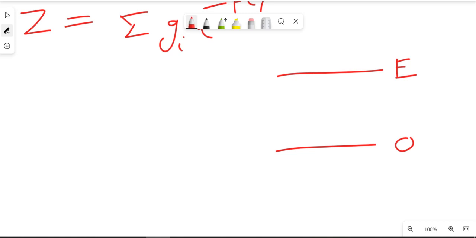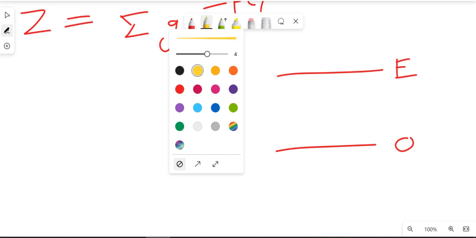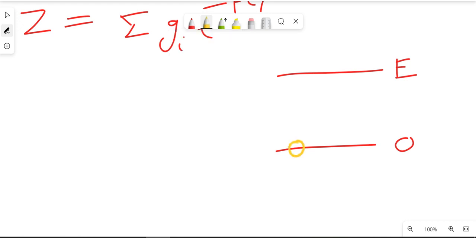So the first possibility is that both bosons stay in the ground state.